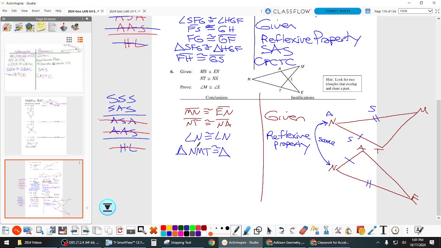There we go. Now, what corresponds to angle N in the other figure? Because remember, we need to write it in the same order so that like N goes with whatever, M goes with whatever, and T, so it's in the right order.